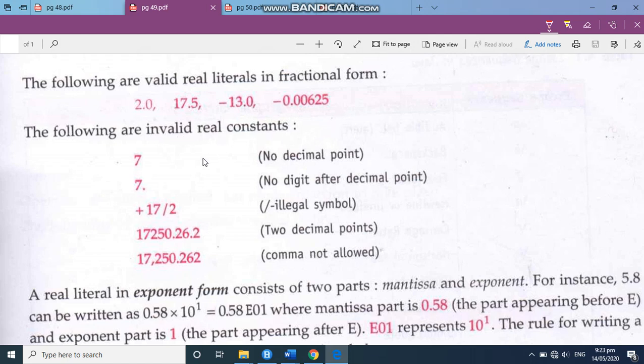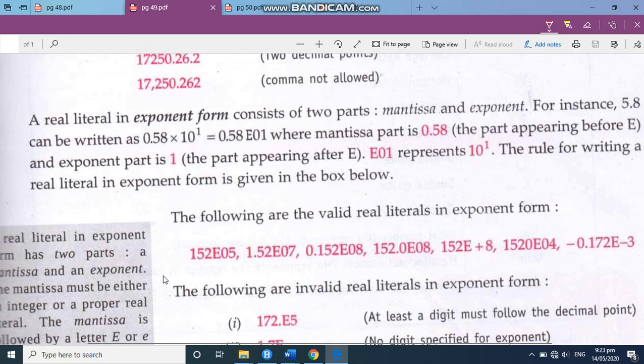And if you want to see invalid ones: this is an integer, there is no decimal point, so this is invalid. Then after the point there is no digit, invalid. You can't write a division sign, you can't write it with 2 decimal points, and commas are not allowed in a real literal. Now a real literal in exponent form consists of mantissa and exponent. Like in mathematics, 5.8 can also be written as this, where the base is 10.